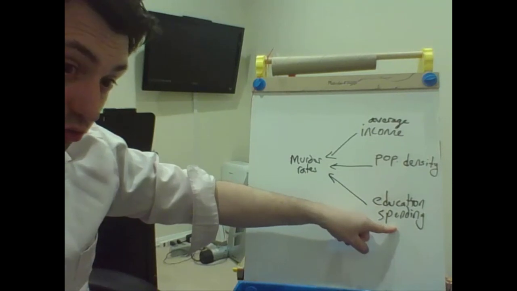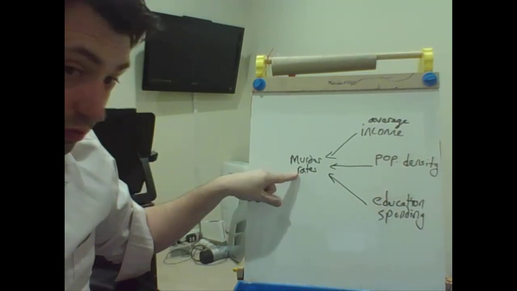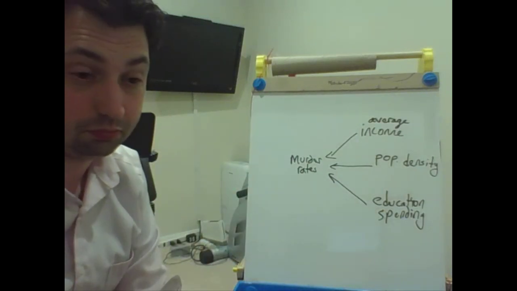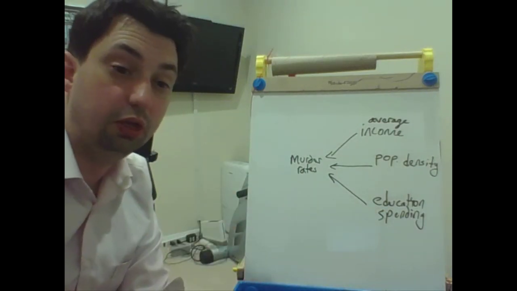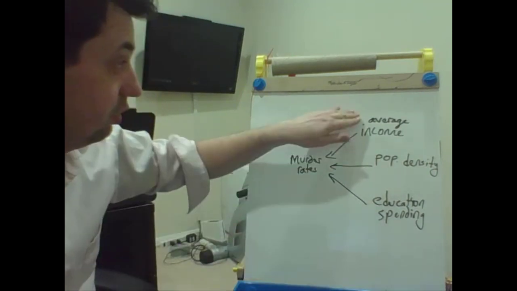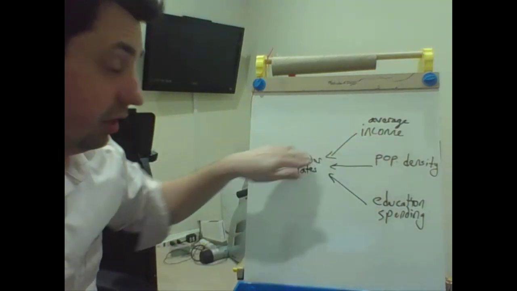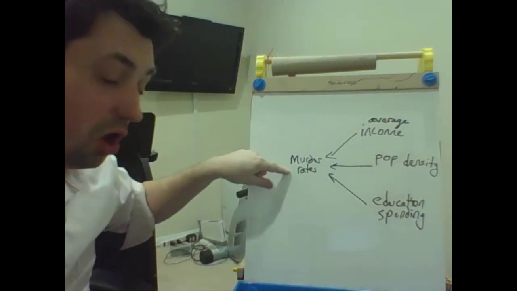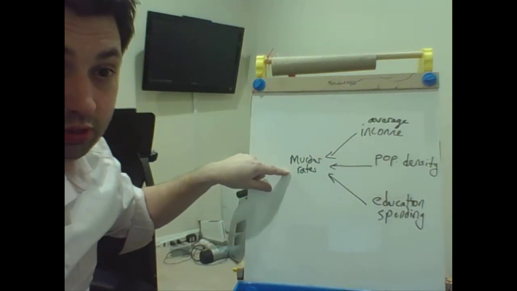I drew a direct line from education spending to murder rates. That was independent of income. And that's how you should structure your proposal. It can be very, very short. It's just three different explanations of three different variables, all causing the same variable.